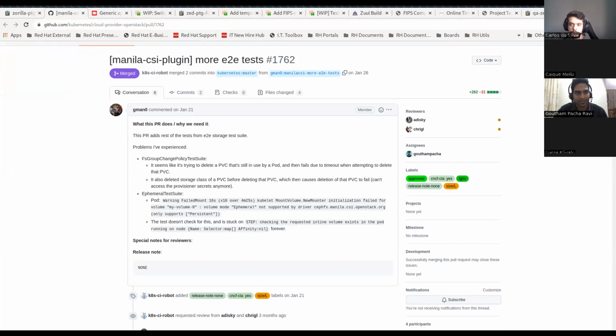And another thing I think is we're plumbing the node volume stats from the node plugins through the Manila CSI. So that's a PR for that one. I don't remember if there was anything major. I think there was something to add labels.